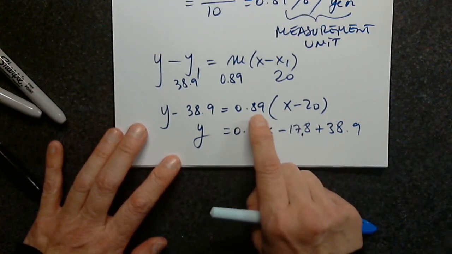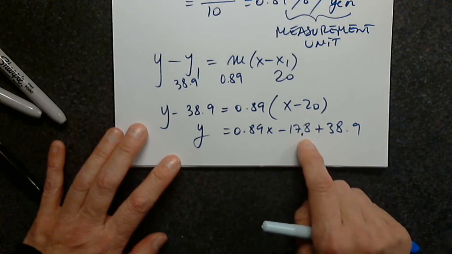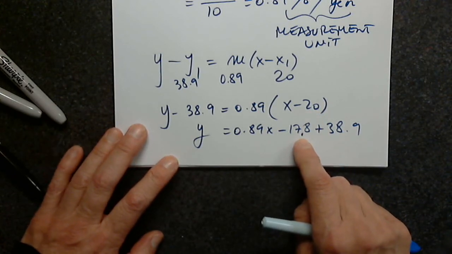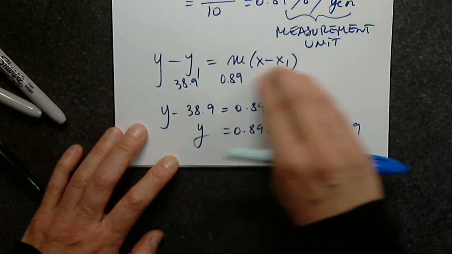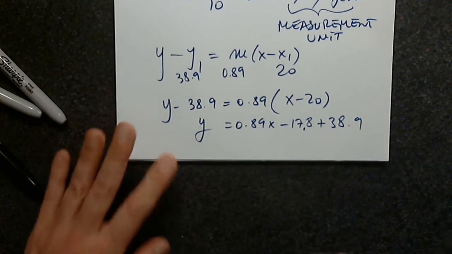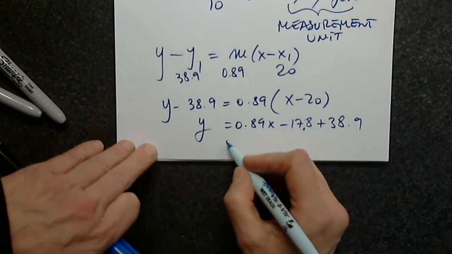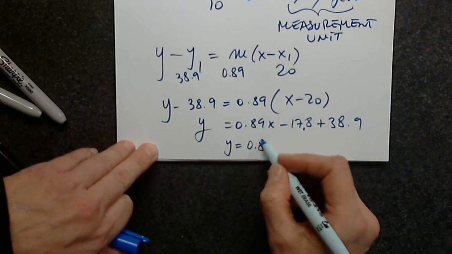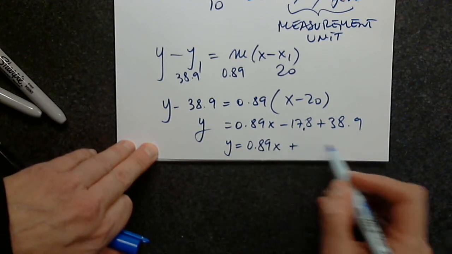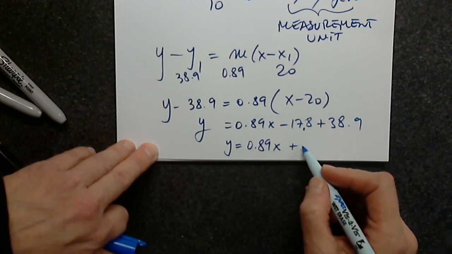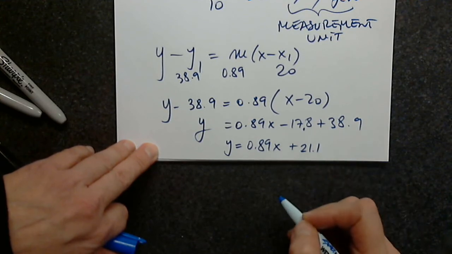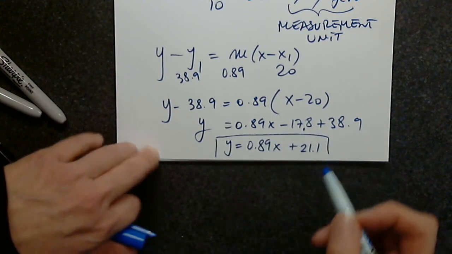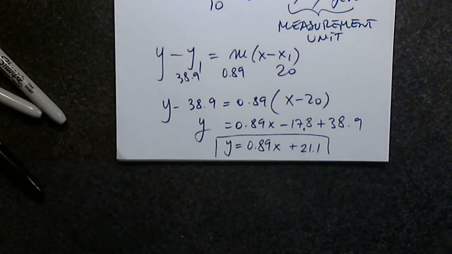I multiplied 0.89 by negative 20, and correct my mistakes if I didn't get the correct answer, please. And then I added 38.9. So 0.89x plus, and I think I see 21.1. Please check my numbers, always.